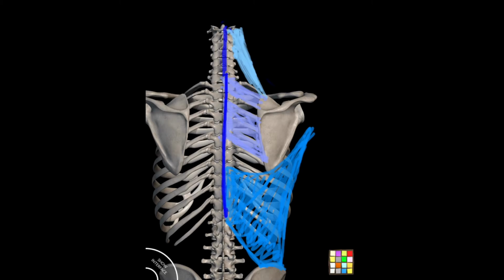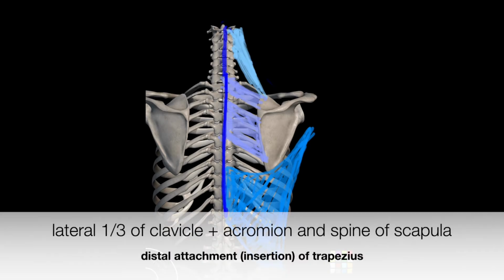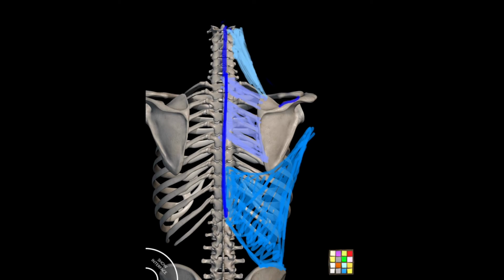And from this very broad origin, muscle fibers sweep down and across and up to an attachment on the combined spine of the scapula and clavicle, which is in a horseshoe shape on the internal surface of that construct in a fashion something like this.